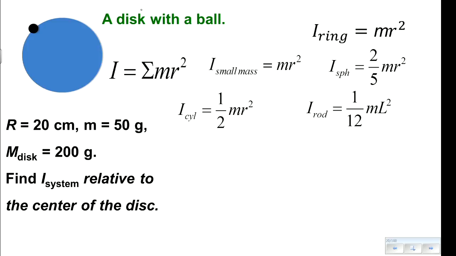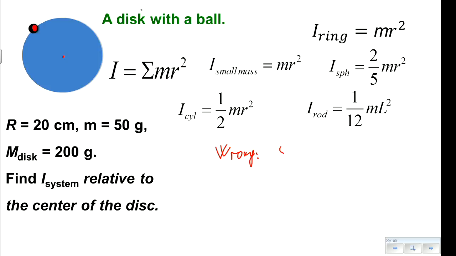Right? Okay. An example. What do we do if we have a combination of different shapes together? What we have here is a disk and a small ball attached to it. And what is wrong to do? Because I've seen it before. Don't add masses.